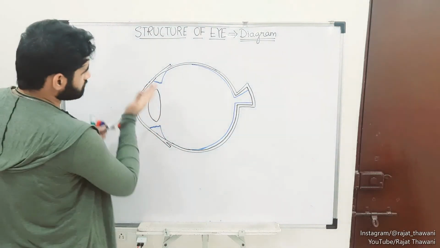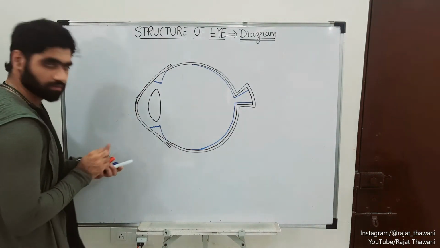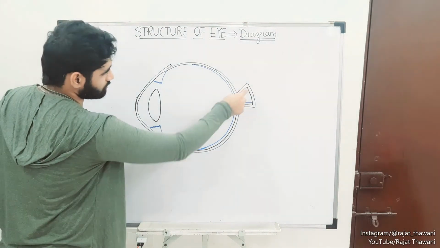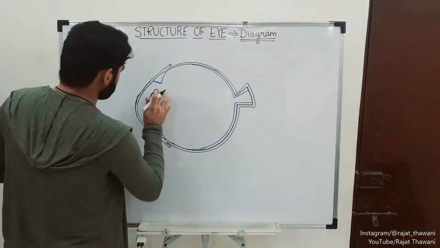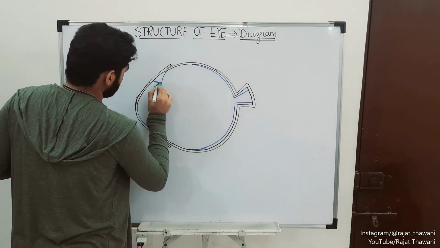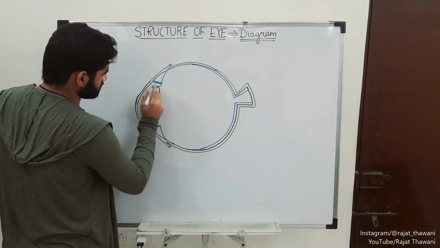Try to maintain the symmetry. After this, make the iris. The ciliary body is nothing but the continuation of your choroid. Now make a base here for the iris, and this iris is connected to the lens.